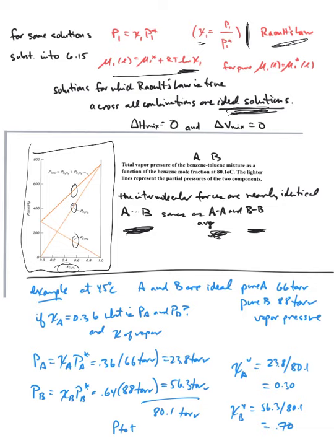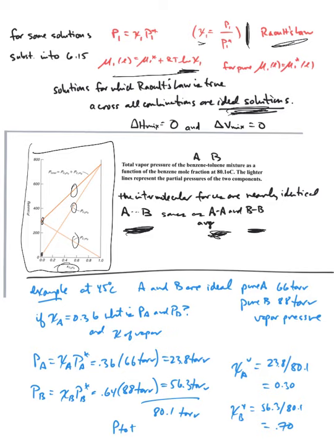If you have 99% toluene here, then 99% of the partial pressure of toluene is going to contribute to the total, and only 1% of the partial pressure due to benzene will contribute to the total.